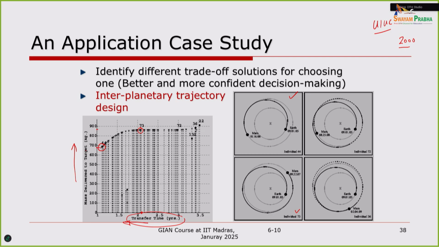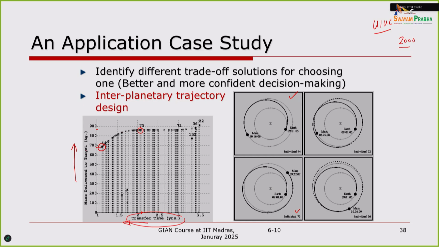Is it worth it? Who can decide? Can I decide? Can you decide? Probably not. It's probably the mission manager who has the goal of deciding whether that 180 kilos is really needed. It could be 2 persons, or it could be one piece of equipment. Is it absolutely necessary? Then you have to wait 1 more year.